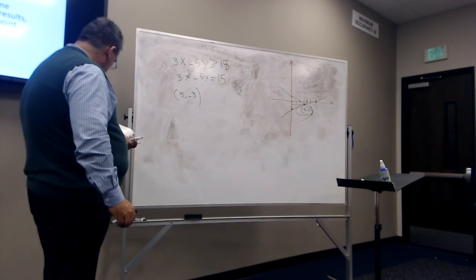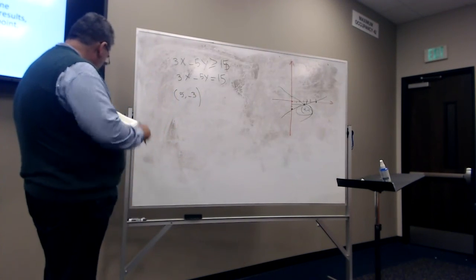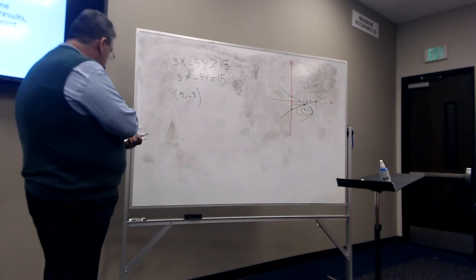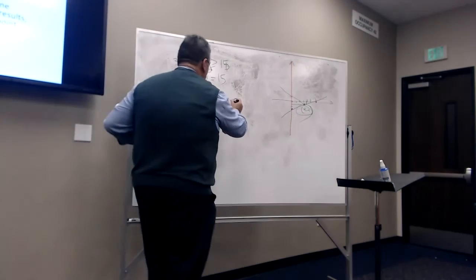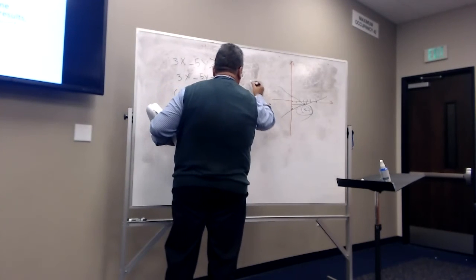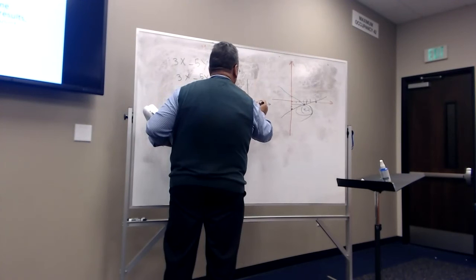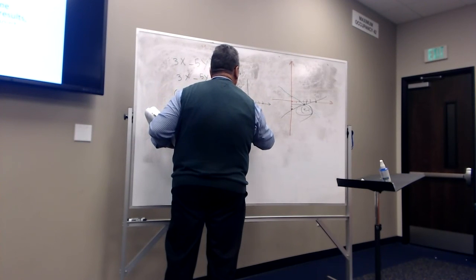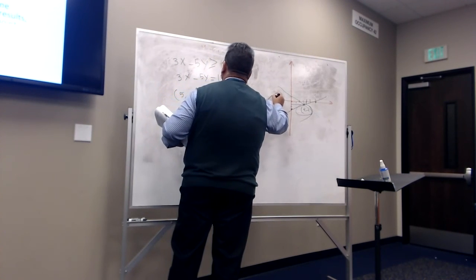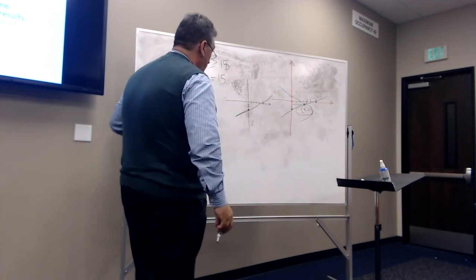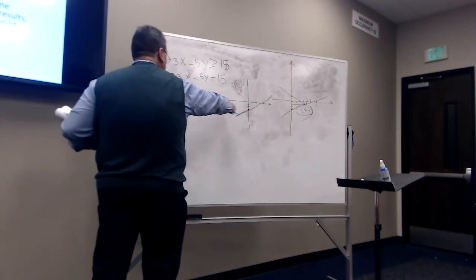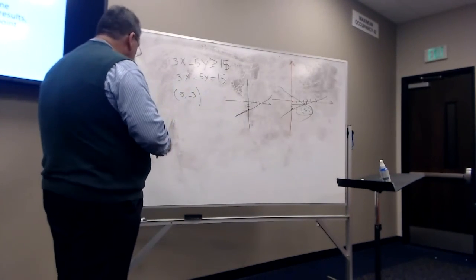Then 5 and minus 3, so you have 1, 2, 3, 4, 5, and 1, 2, 3 minus. So you have these two connected. All right? And because it has an equal sign, it makes a solid line.